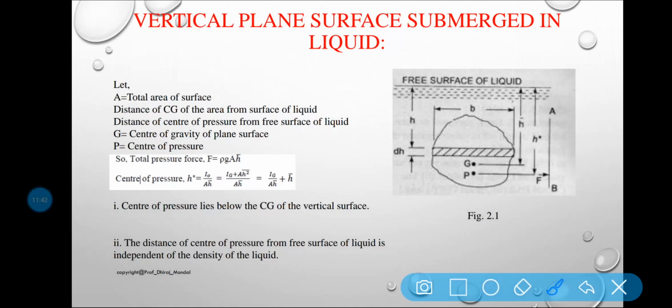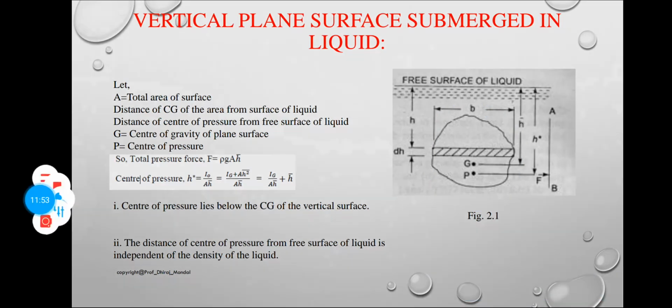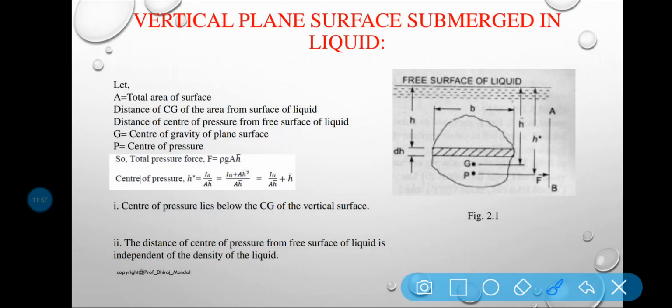Through this derivation you will know how much force is acting on the body. Let us consider A is the total area of the surface, and the distance of the CG of the area from the surface of the liquid is your h bar.